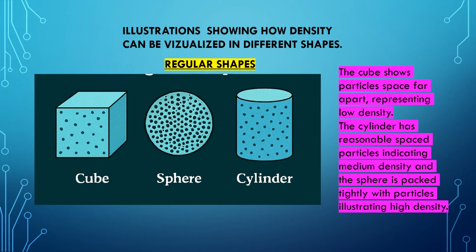So the cube's particles are spaced far apart, which represents low density. The cylinder has reasonable space between particles, indicating medium density, and the sphere is tightly packed with particles, which means high density.